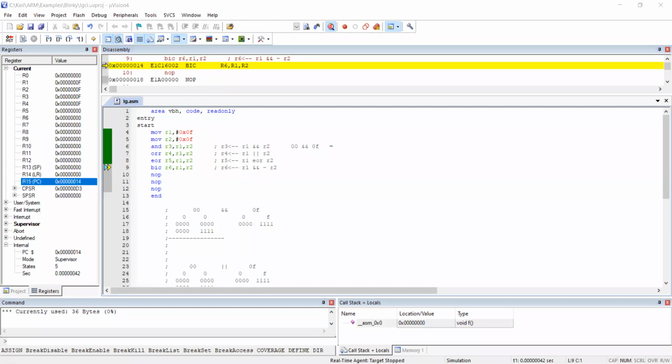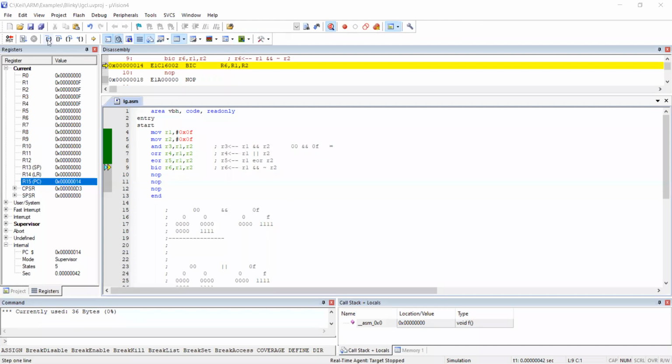That should be ANDed with the original number, 1, 2, 3, 4, 1, 2, 3, F. You can imagine the answer of R6 will be 0 because this is 0, this F, like that, last F, last 0.